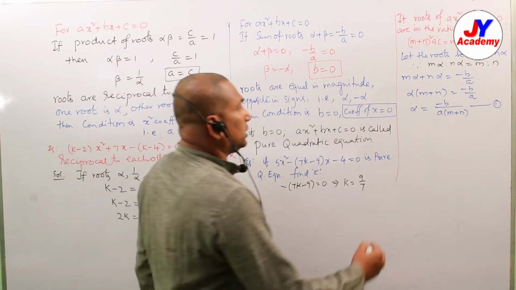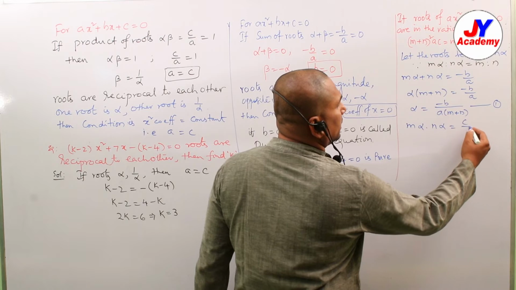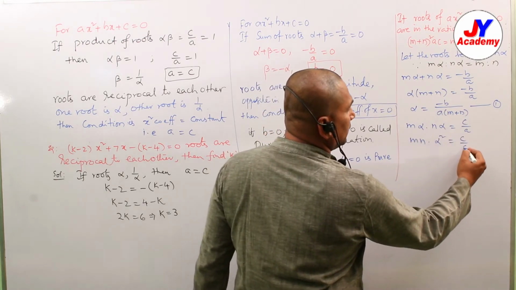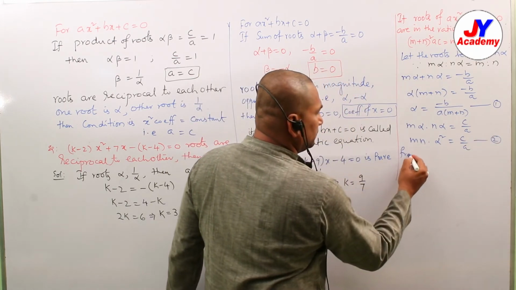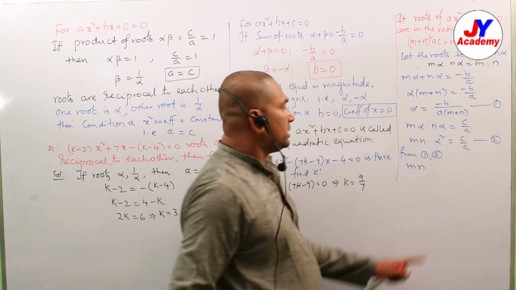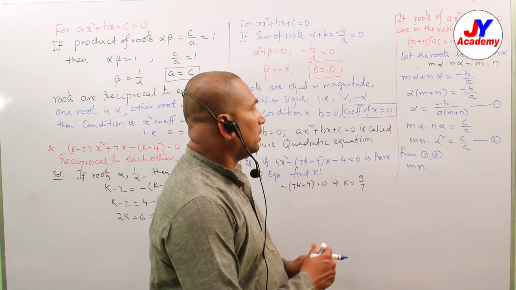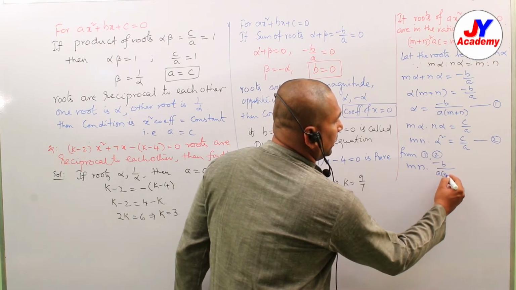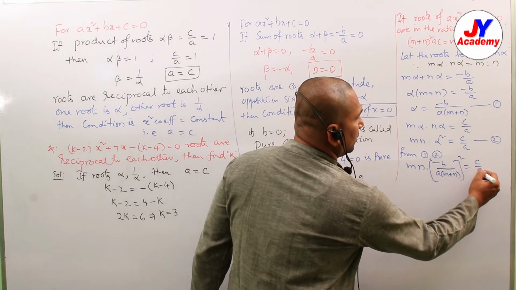Then consider the product of roots. m alpha into n alpha is c by a. So mn into alpha square is equal to c by a. Let it be 2. From 1, what can we conclude? mn into, instead of alpha, we substitute minus b by (m plus n) a, whole square, that is equal to c by a.